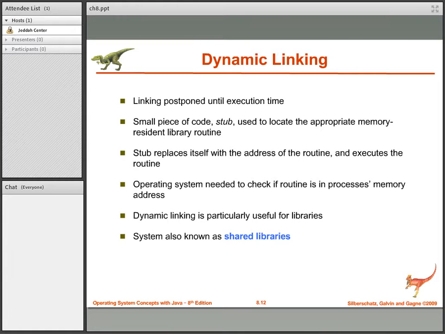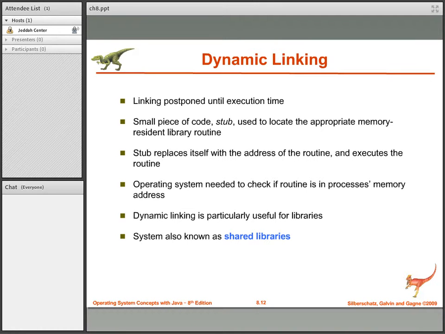What about dynamic linking? The linking is delayed until the execution time. There is a term called stub, and this refers to a small piece of code used for a certain purpose.